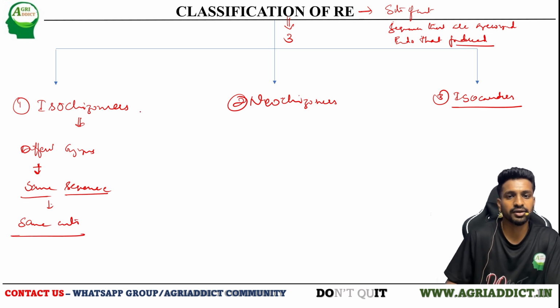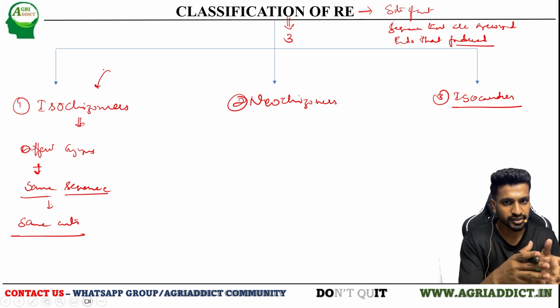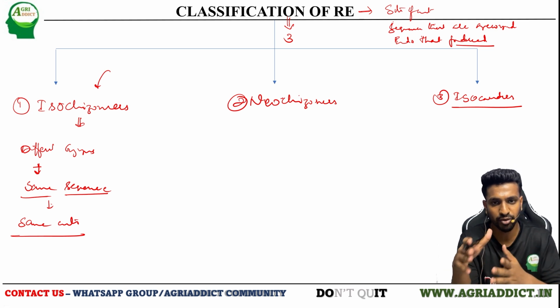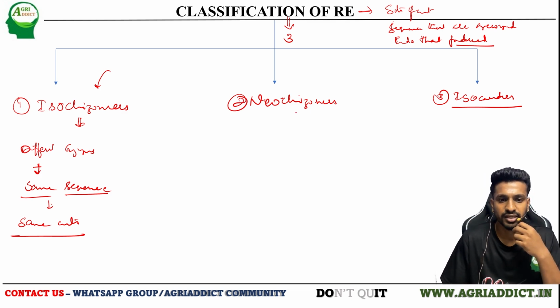So this category of different endonucleases is under isoschizomers. That means different enzymes, same sequence of identification and same location of cuts. Second one is neoschizomers.